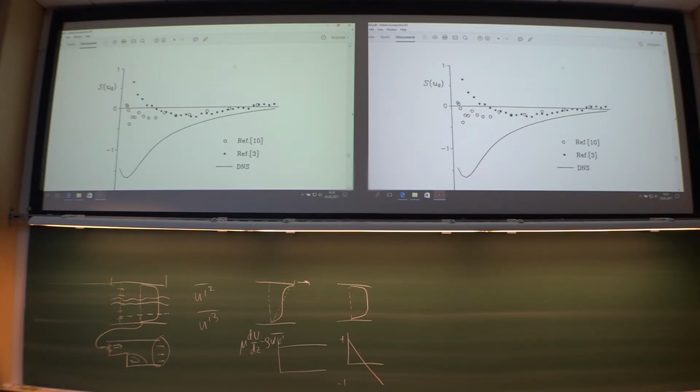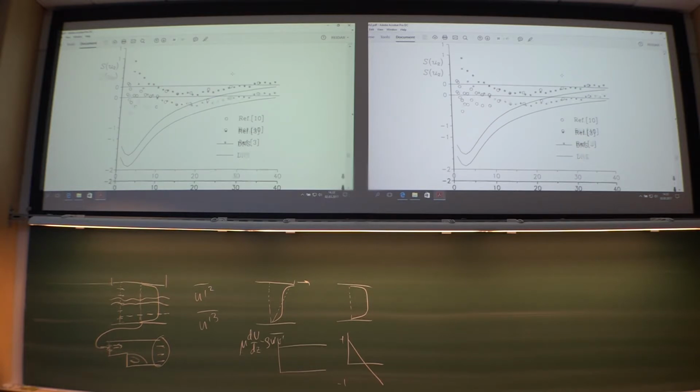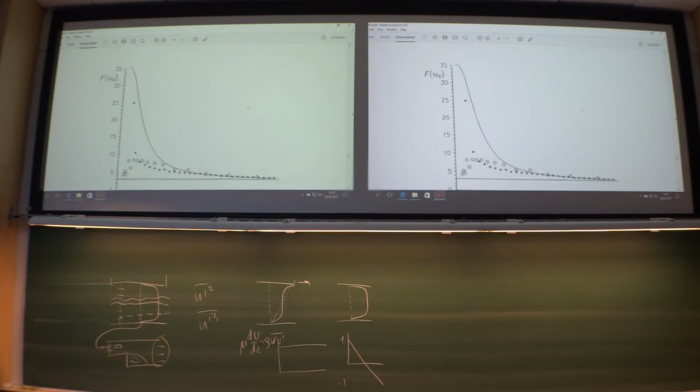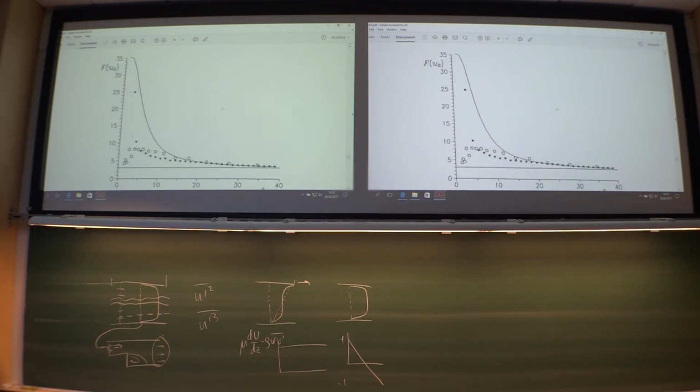Skewness and flatness are the 3rd order, but then scaled against the 2nd order. Very touchy quantities, especially when you get close to the walls. Very hard to measure and calculate correctly. And here, flatness, that's the 4th order. Very hard to get correct.